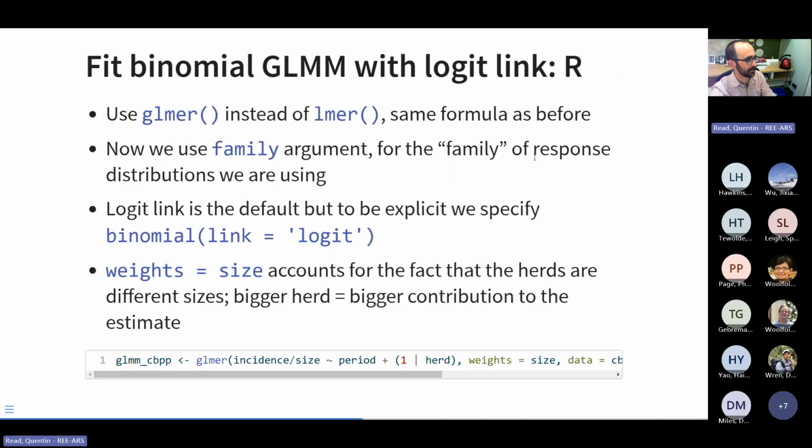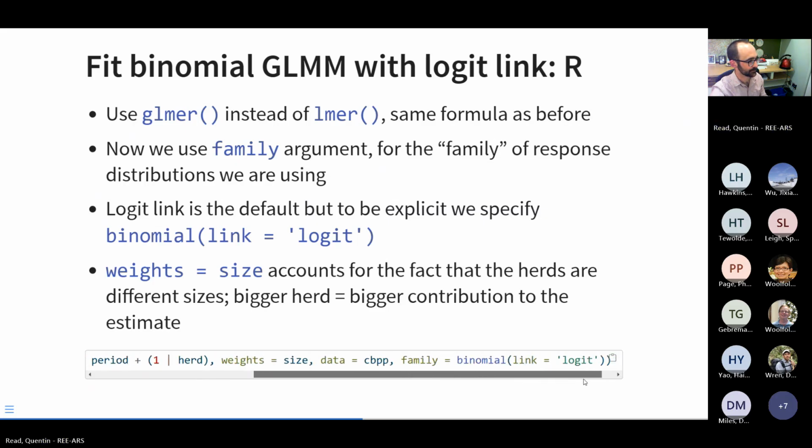And in R, we are going to use glmer instead of lmer. It's very similar to what we did before. Last time we had this same model formula, incidence divided by size, as a function of the fixed effect and the random effect, but we are going to have a few extra arguments.